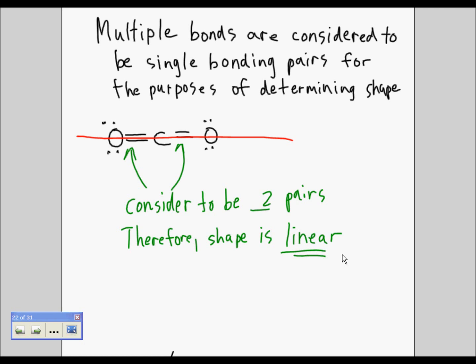And I think I can illustrate that with a model. So I should have a carbon in the middle. So I'll use a black for the carbon, and maybe I'll use blue for the oxygen.